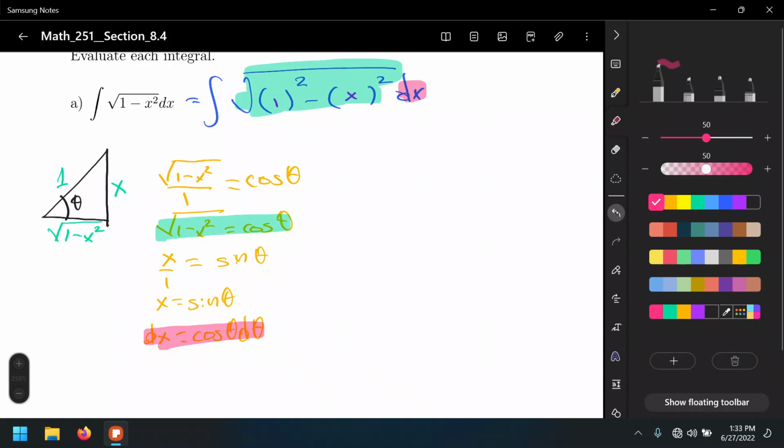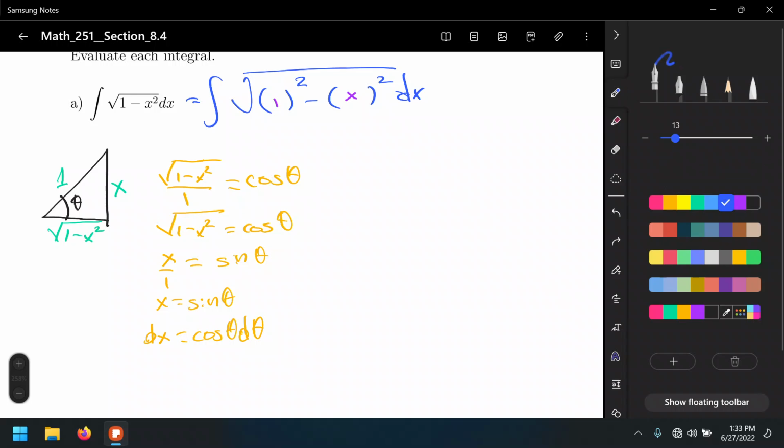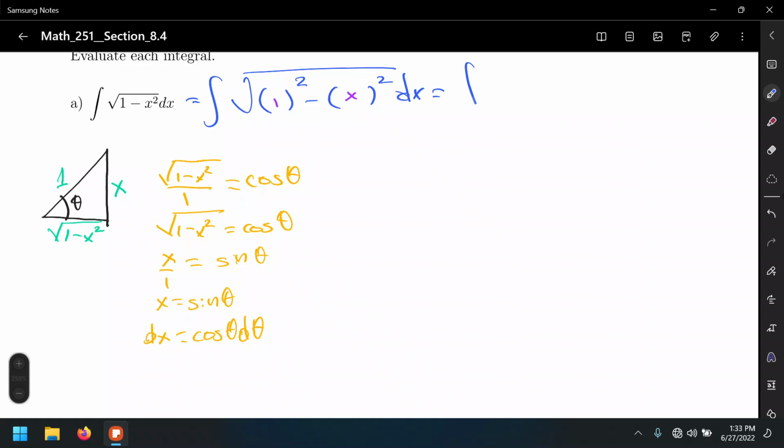Those are the two substitutions that we do. So let's go back to the integral. The radical becomes simply cosine, and the dx becomes cosine. Let's multiply these two together. That's the integral of cosine squared.